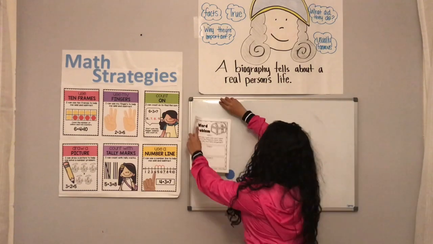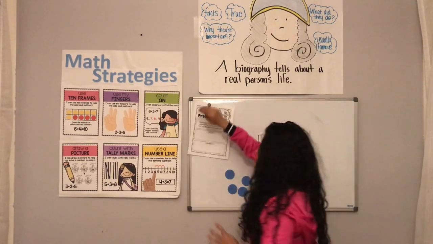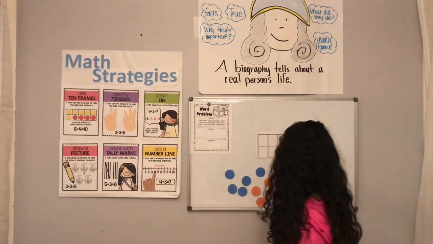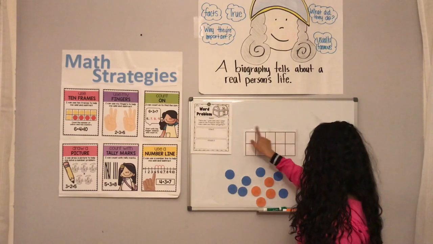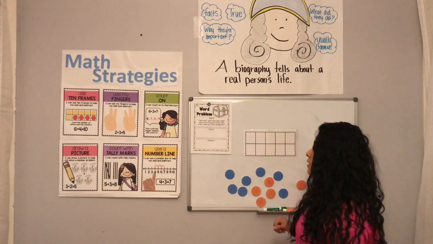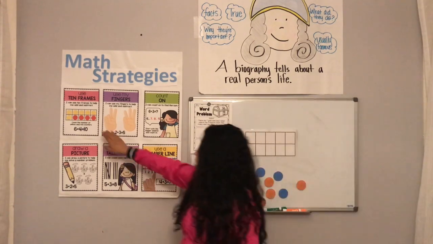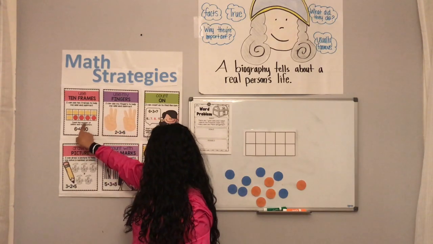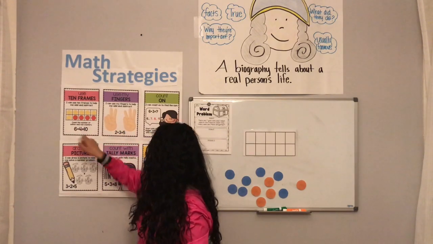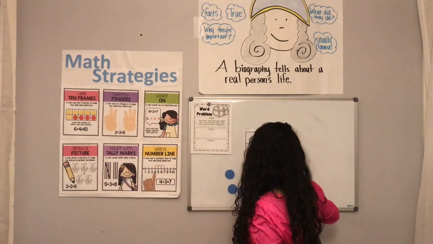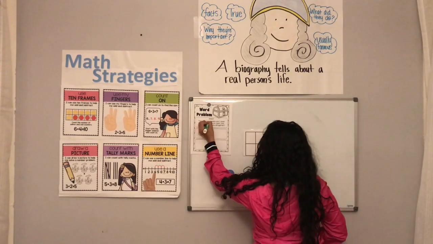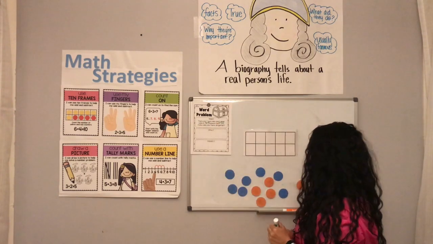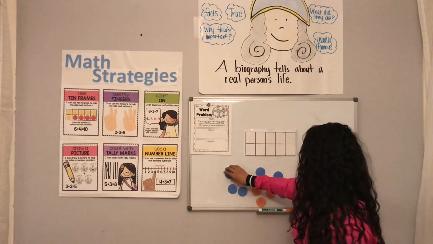If we wanted to use the 10 frame strategy, the first thing we would do is draw a 10 frame. I already have a 10 frame for you. Right here it says, I can use 10 frames to add and subtract. So you count the number of yellow and red counters. Our problem said that there were 7 gold coins and 3 silver coins. So I would start with my 7 coins.